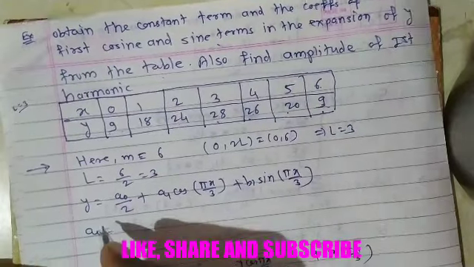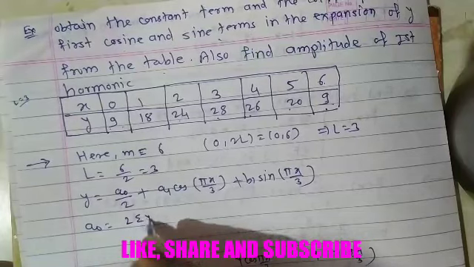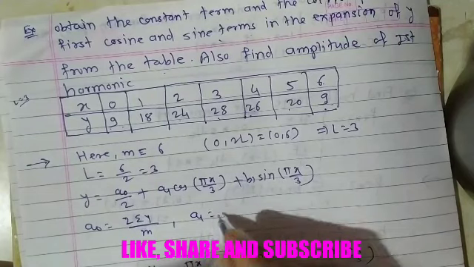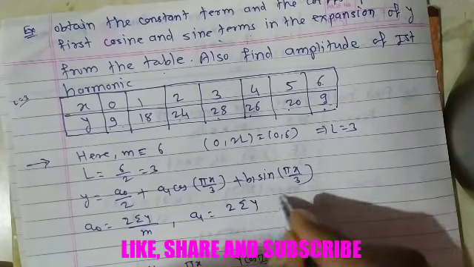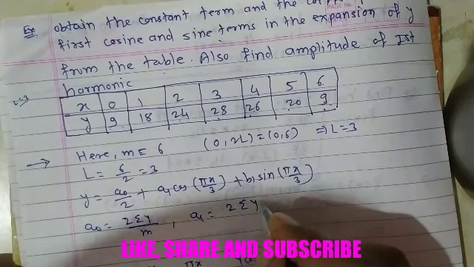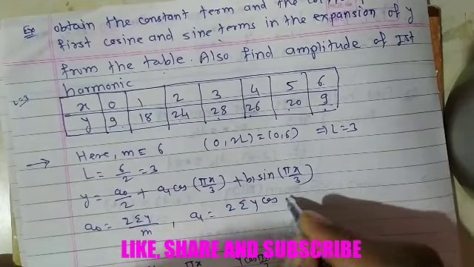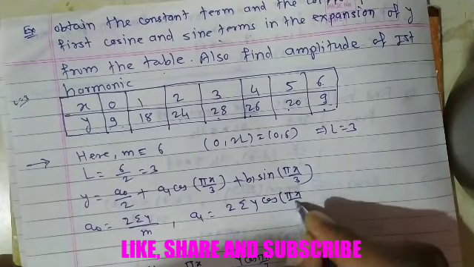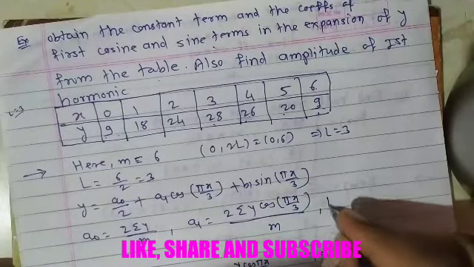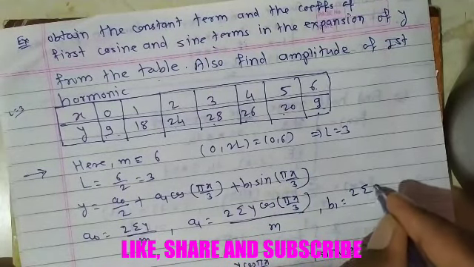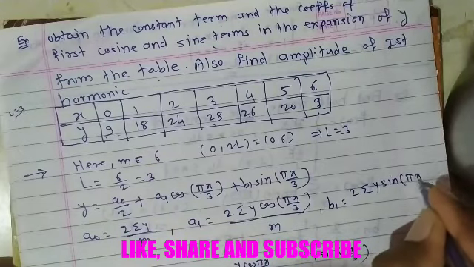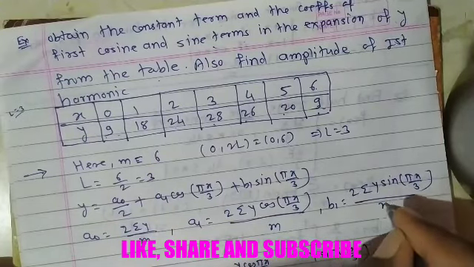So a0 is 2 times the summation of y upon m, where m is 6. Then a1 is 2 times the summation of y into cos n pi x by l, but n is equal to 1, so 2 times the summation of y into cos of pi x by 3 upon m, and b1 is equal to 2 times the summation of y into sin pi x by 3 upon m.